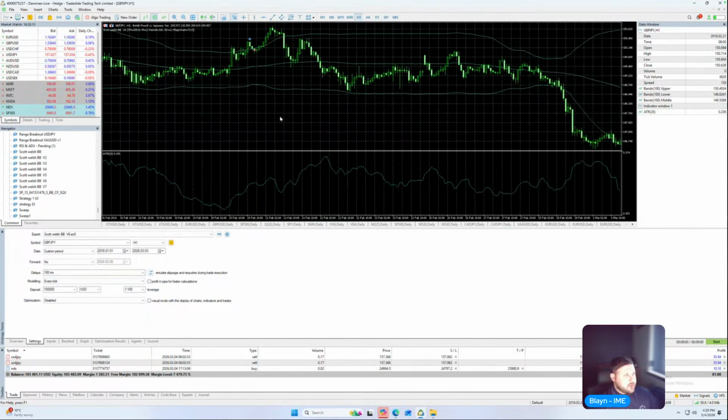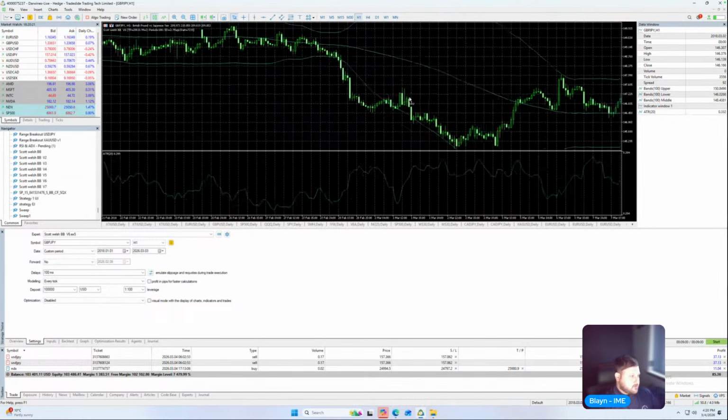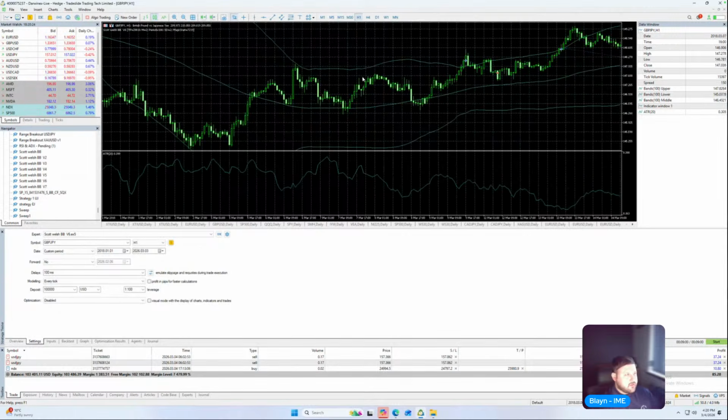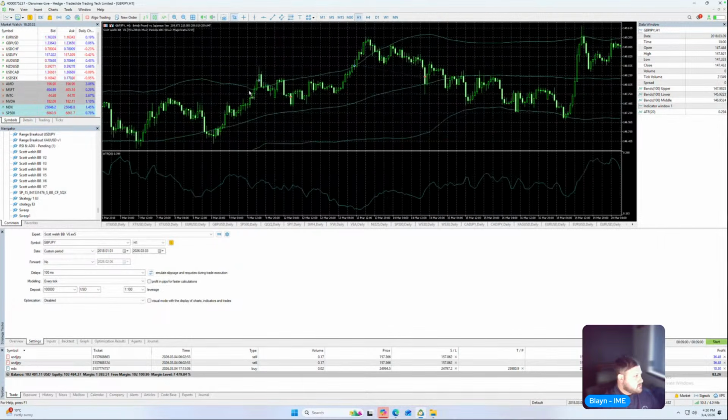My VPS runs, I think, 5 or 10 millisecond delay, so it's not too bad for execution. So even if we've got the latency 10 times, I like to see, do we still have an edge? Because sometimes some systems will be very dependent on getting in at that exact price. So that's quite interesting as well.